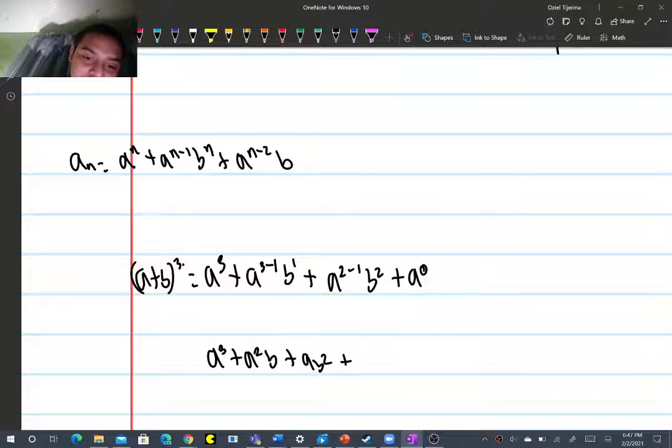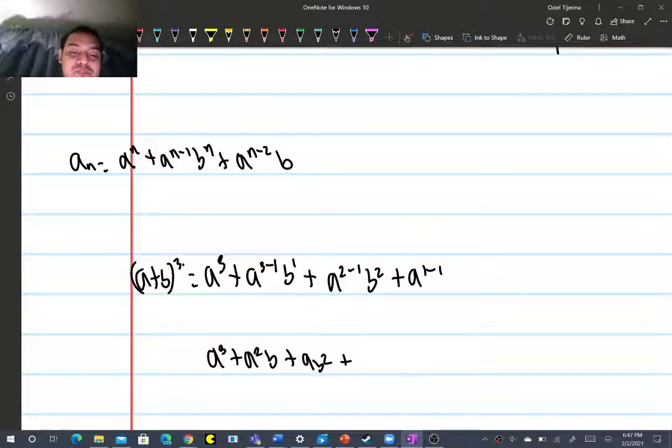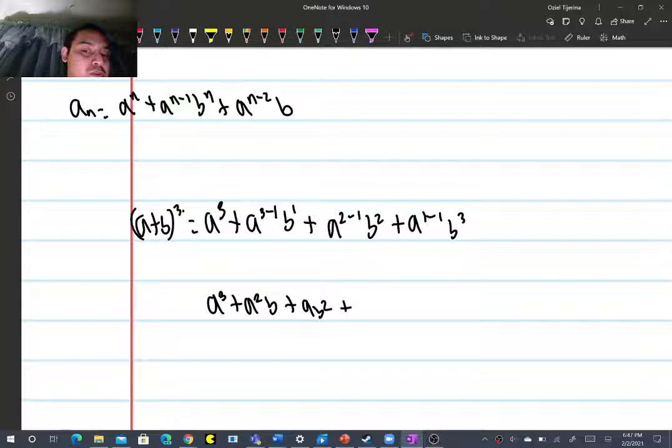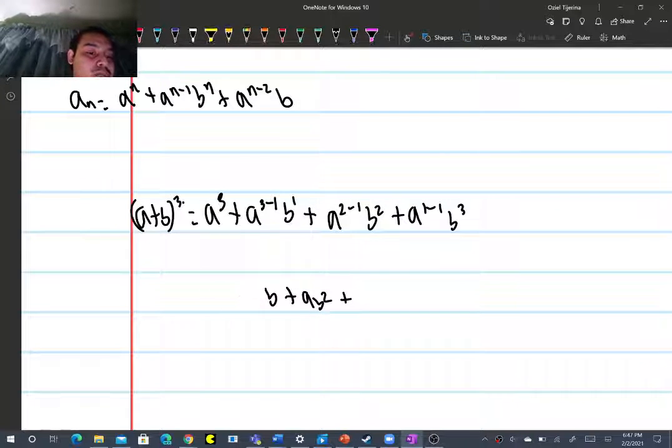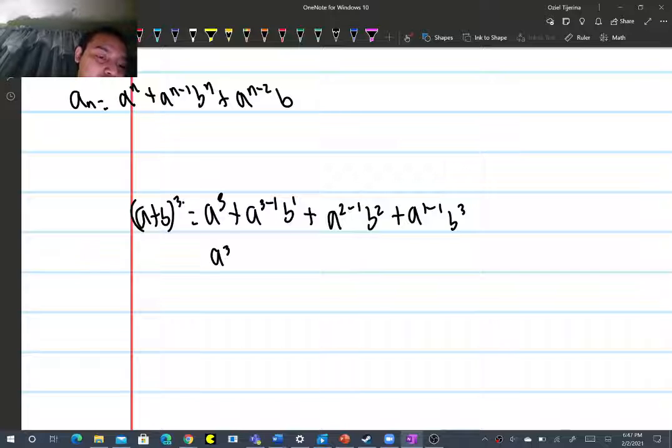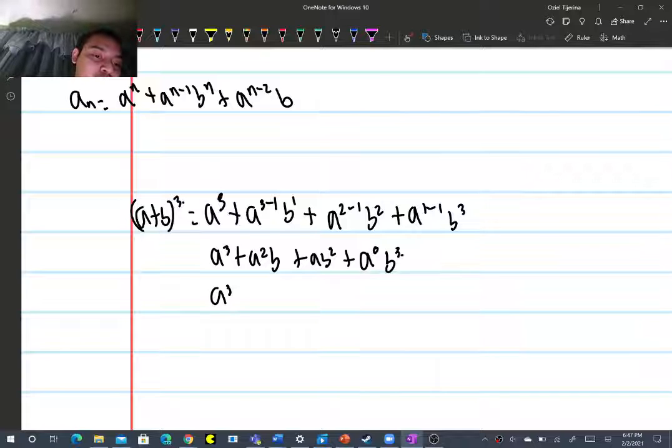Or sorry, it would be a to the 1 minus 1, sorry about that guys, because you're decreasing by 1 each time, so you would say 2 minus 1, and then 1 minus 1, b cubed, and that would be the final term, because you can't go lower. Basically, you have a cubed plus a squared b plus ab squared plus a to the 0th power b cubed, and that will give you a cubed plus a squared b plus ab squared plus b cubed.